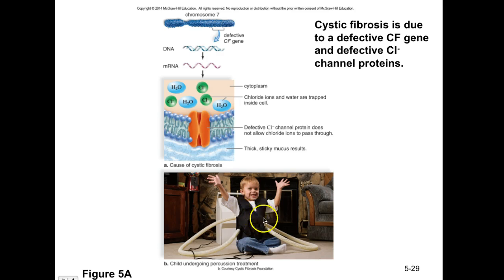That helps loosen up some of the mucus in the lungs for it to be expelled. But you could see overall how you have a defect in the CF gene on chromosome 7, which is in the DNA, and it transcribes for that protein that is defective in getting rid of chloride ions. And that deals a little bit more with genetics and molecular biology, which we'll get to later in the year.